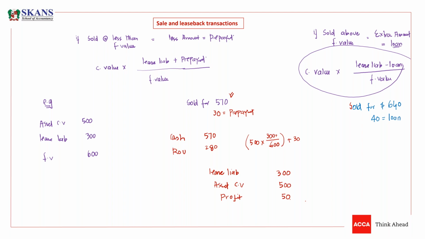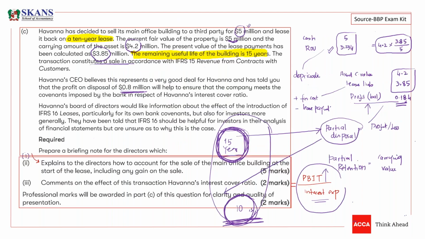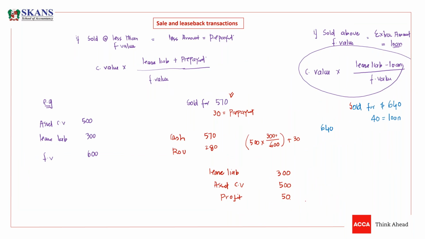So debit cash would be 640, because we are selling for 640. Lease liability will be the same, 300. The question is the same, so the carrying value would be the same, 500.